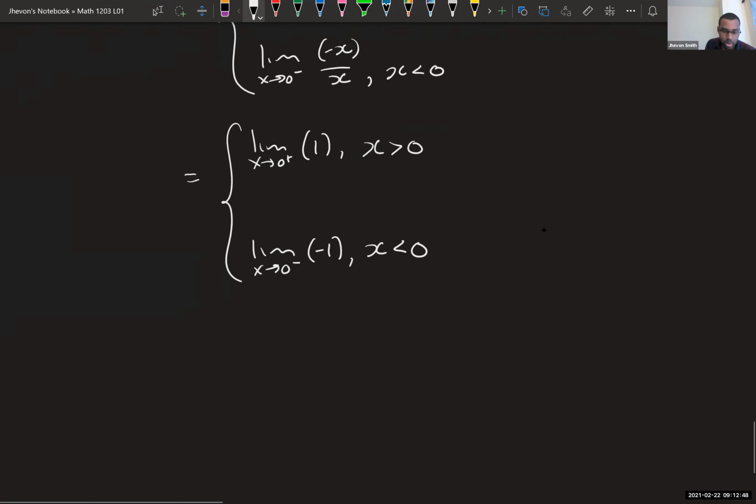Now, what is the limit as x approaches 0 of 1? What is that limit value? One. That's 1, right? How do we know? Well, I went through this whole system, I graphed it. No, that's not what we do.